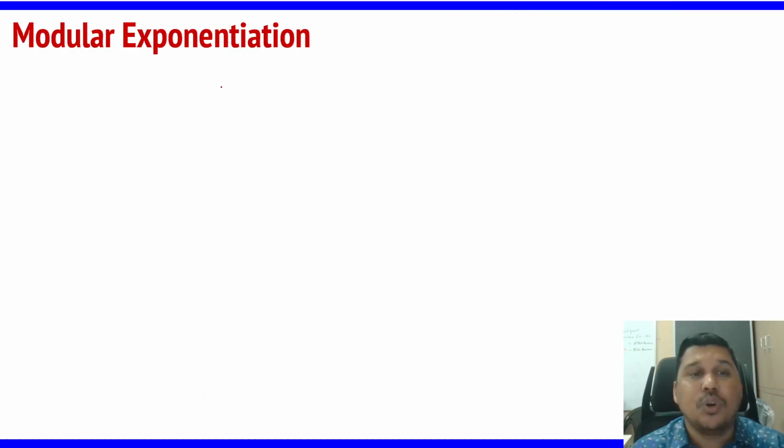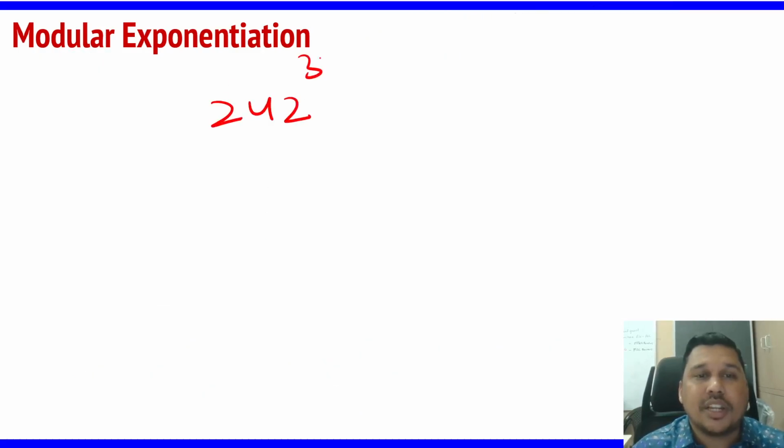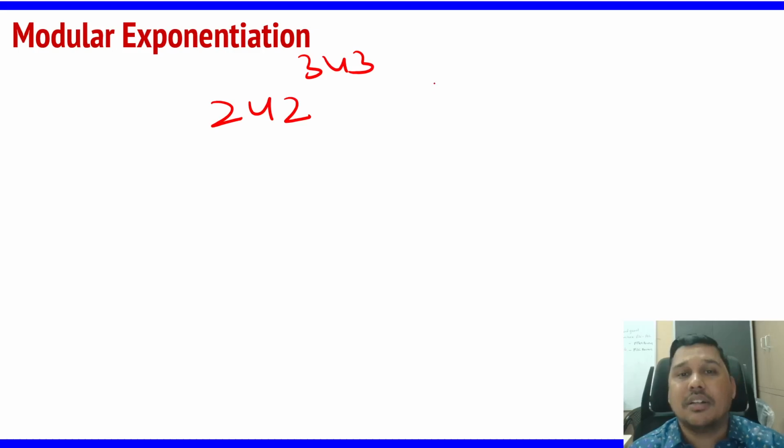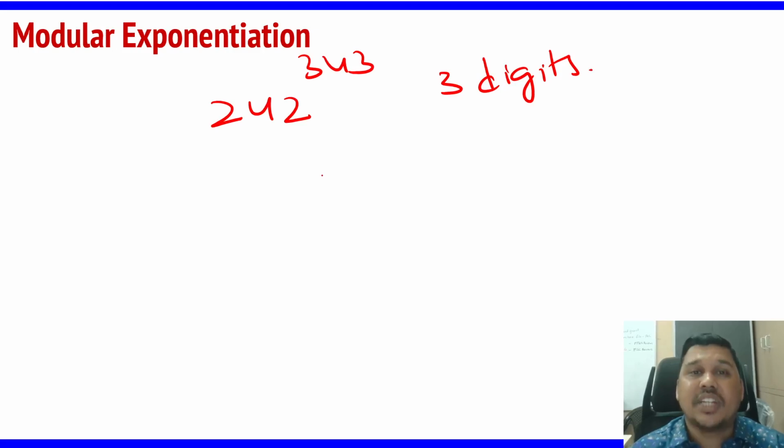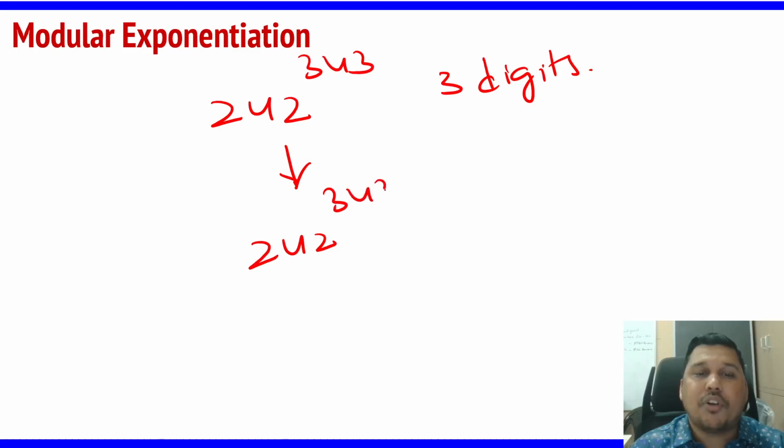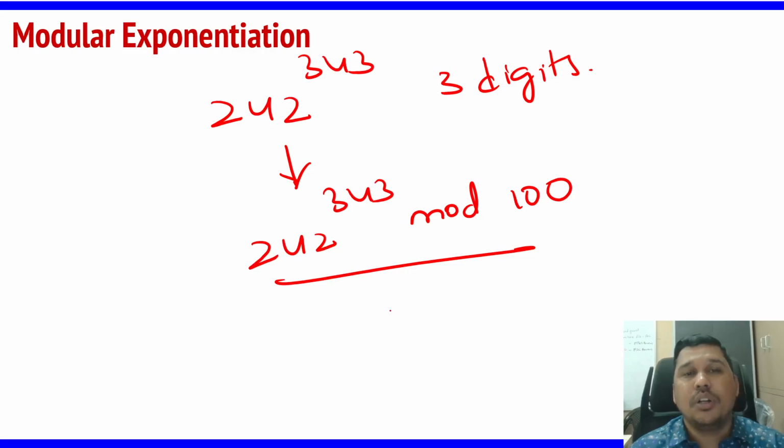Suppose somebody asks you 242 power 343. What are the last three digits? You find 242 power 343 mod 1000.